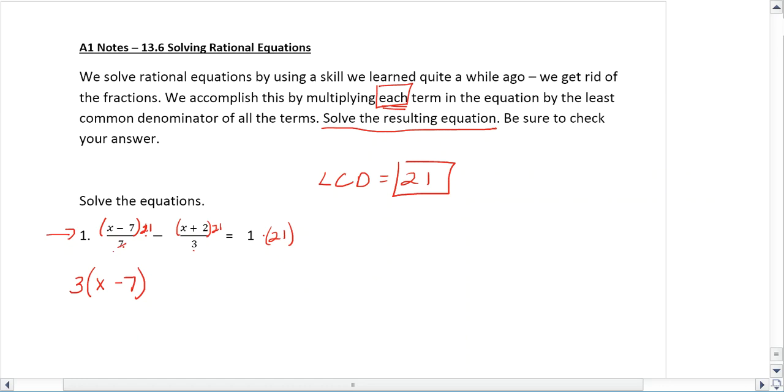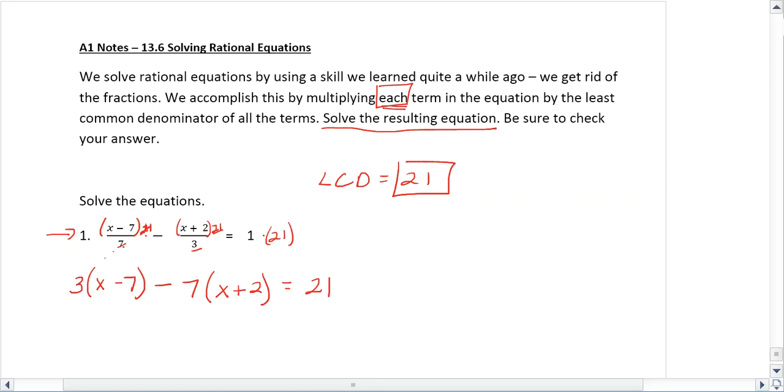I haven't done my multiplying yet. Keeping the subtract sign, now I'm going to divide 21 by 3 and get 7. I haven't multiplied yet by the x plus 2, but 1 times 21 is 21.